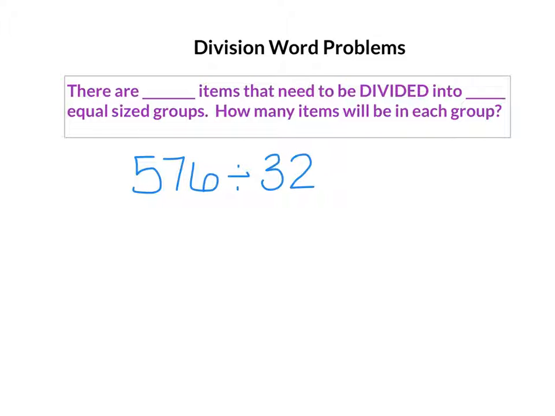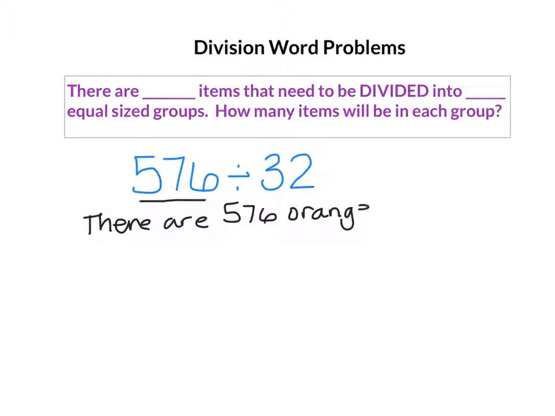If you're given the problem 576 divided by 32, and you need to write a word problem for it, we can just plug this word problem in. We can write, there are 576. This is the total we have. 576 oranges.